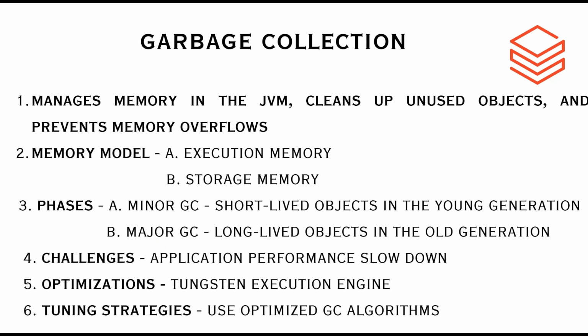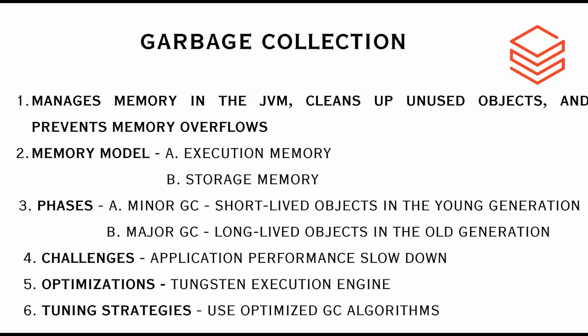To mitigate these issues, Spark employs optimizations like the Tungsten execution engine, which reduces object creation by leveraging low-level memory management techniques. It also supports off-heap memory for storing data outside the JVM, avoiding GC overhead and reducing the need for serialization and deserialization.